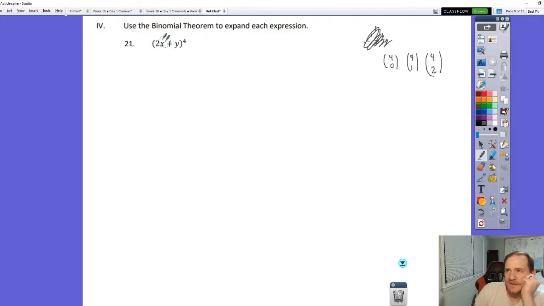So to expand this, we know it's going to be, well, like I just said, 4 choose 0 multiplied by a 2x to the 4 multiplied by a y to the 0. Our next term will be 4 choose 1, 2x to the 3rd, and a y to the 1.